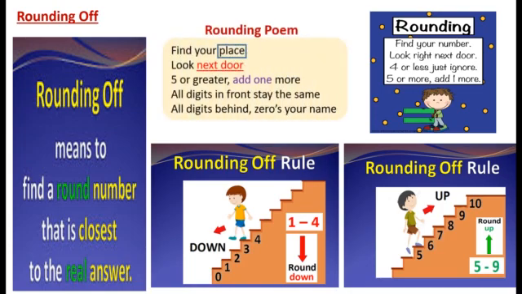And you can see one more rounding poem here for you all. Find your place, look next door. 5 or greater, add 1 more. All digits in front stay the same. All digits behind, zero's your name. So children, you can enjoy this rounding poem and learn it for remembering the rules.